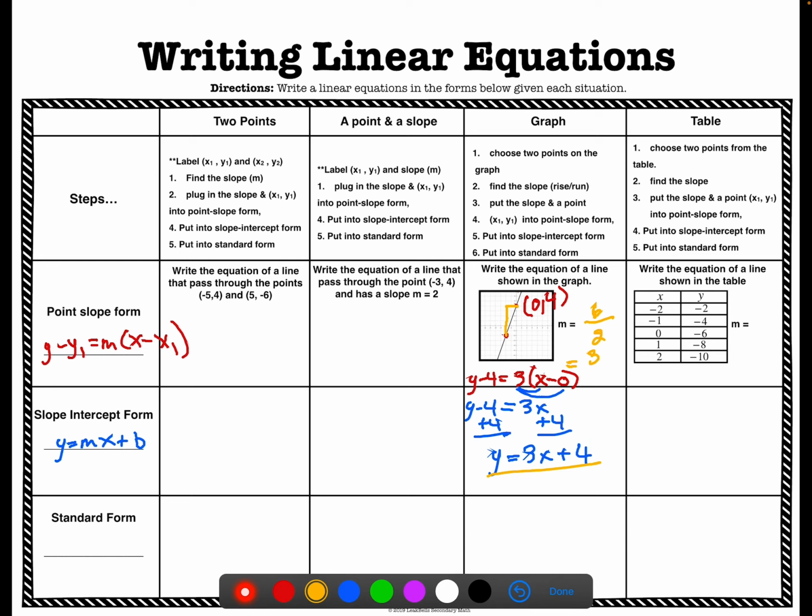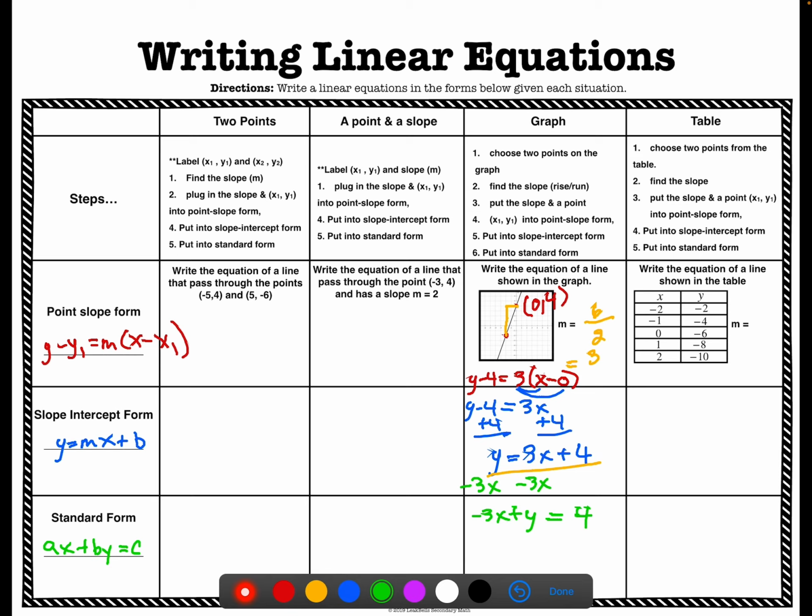Now, we're going to write this in standard form, which is ax plus by equals c. All right, and now it's just a matter of subtracting 3x from the slope-intercept form. And we have negative 3x plus y equals 4 now.